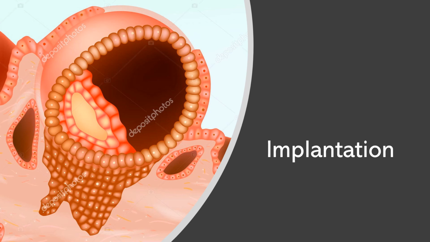After disintegrating the stratum compactum and the stratum spongiosum, it pierces and attaches to the stratum basale of the uterus. This is what happens in implantation.